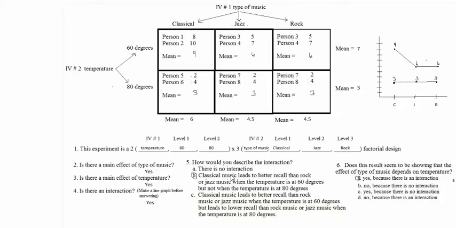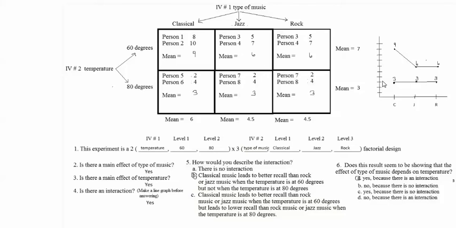And what does this interaction look like? Well, it looks like when it's 60 degrees, people do better at the recall task with classical music up here, and they do worse with both jazz and rock. But when it's 80 degrees, people do equally poorly with all three types of music.